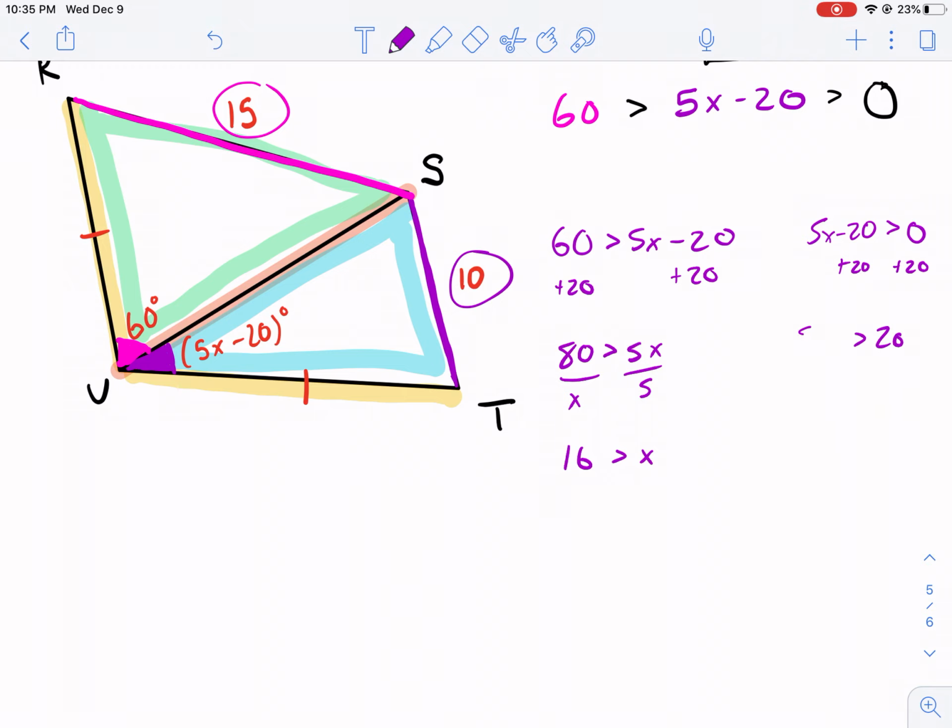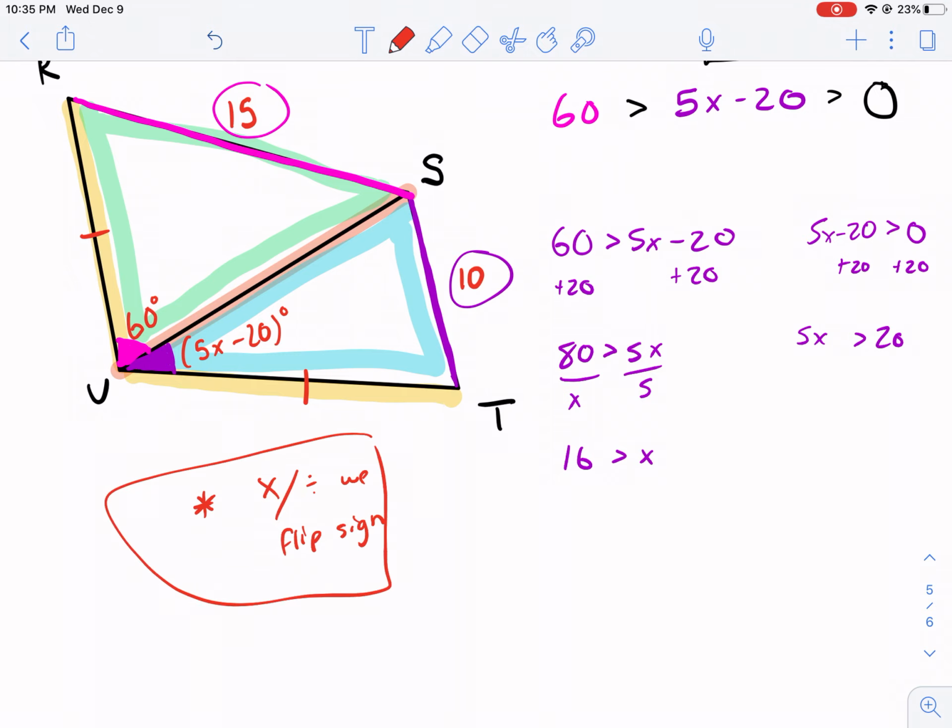So just keep that in mind, okay? If we put a little red alert here, multiply or divide, we flip the sign. Okay, that's just an algebraic reminder for you.